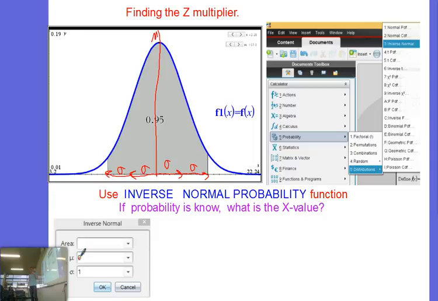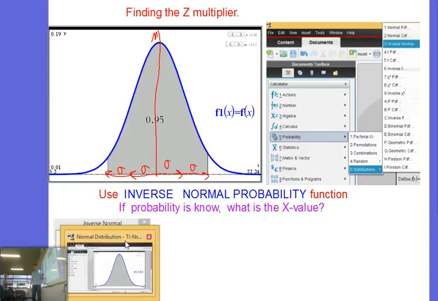The other functions, where it's not the inverse function, the normal function, is saying, okay, give me a value of x, tell me the mean and standard deviation, and I'm going to give you the probability of observing that. Okay? That's the normal function. But we're going to do the opposite, the inverse, because we know what the probability is, 0.95. So what is the corresponding value for that?